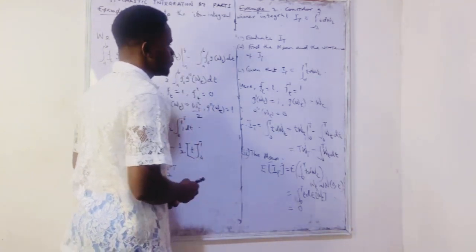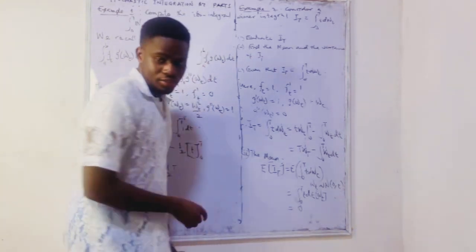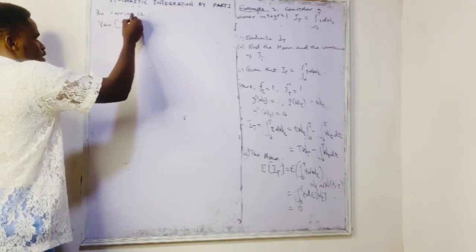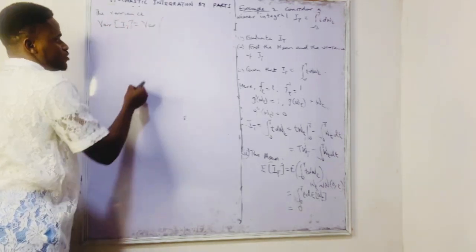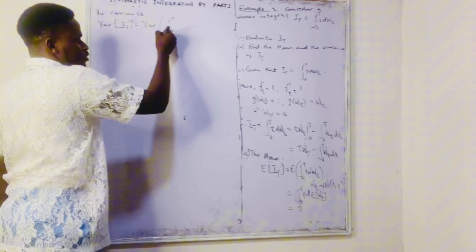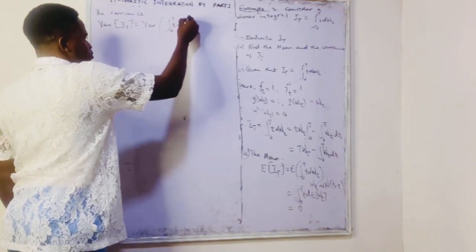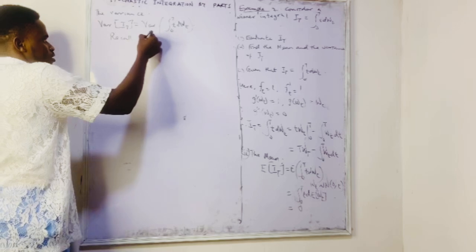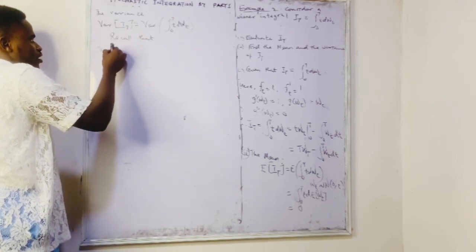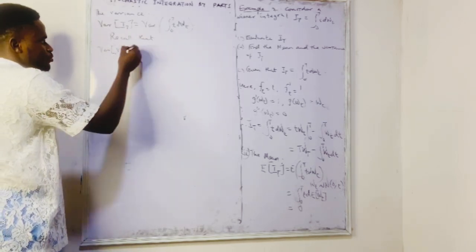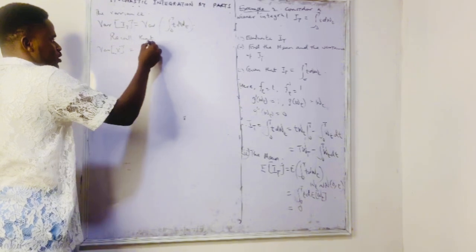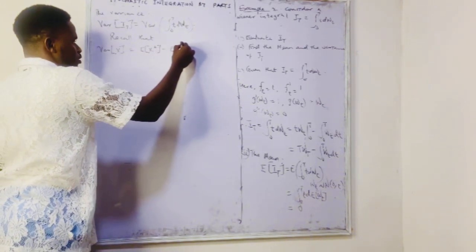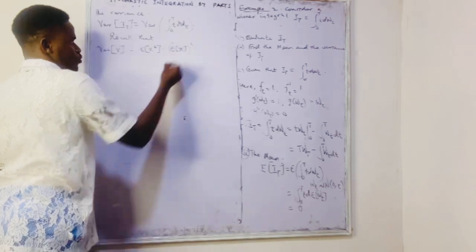Now let's obtain the variance. So the variance, that is Var of I_t, will be Var of the integral from 0 to t of t dW_t. So recall that the variance of a variable is always the expectation of the variable squared minus the mean squared.